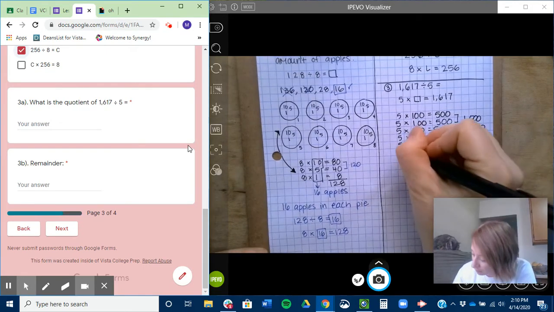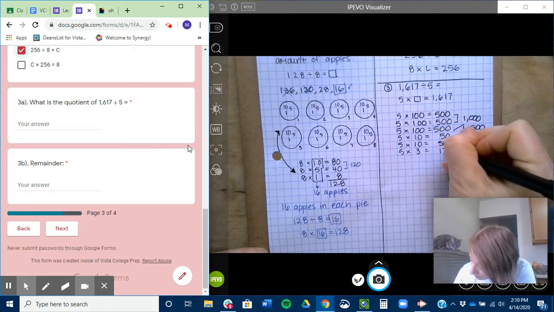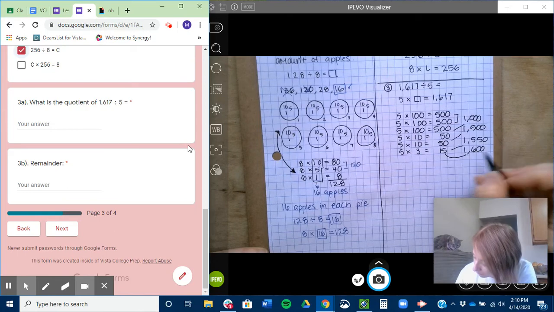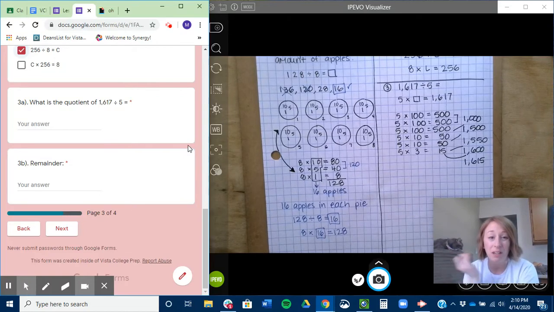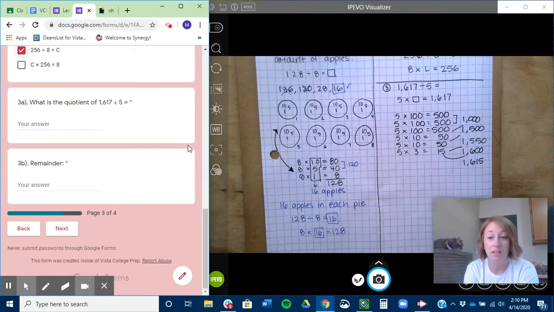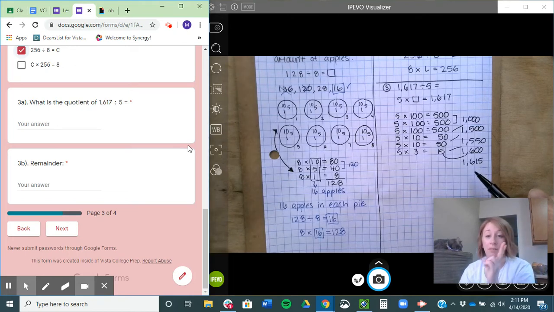So if we did 5 times 3, we're now at 1,615. Well, we can't go any farther because if we count by fives, that'll be over 1,617. Since we're at 1,615, we know that there are, that's right, 2 left over.